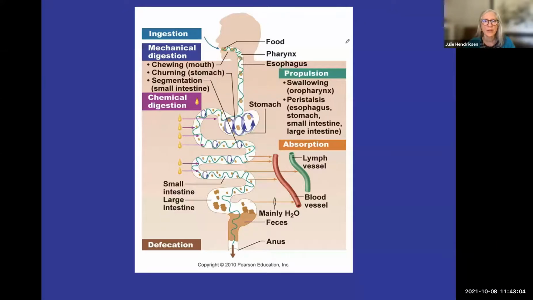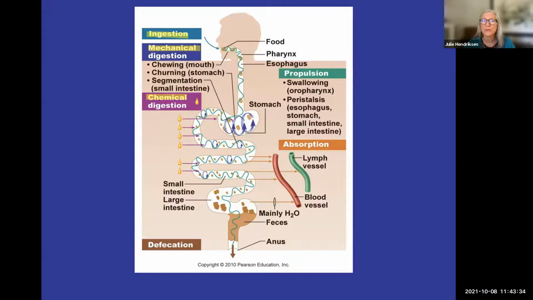This is a figure that helps you visualize the main events or purposes of the GI tract. So of course, to ingest through the mouth. The mouth is designed for food ingestion. When we talk about mechanical and chemical digestion, mechanical digestion begins in the mouth, but it's going to continue in the stomach and the small intestine, all these areas.